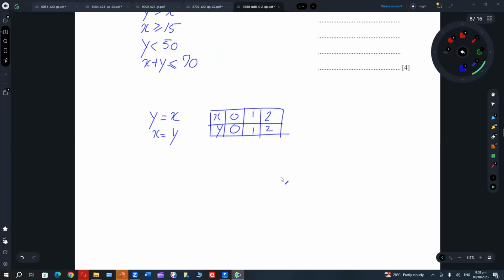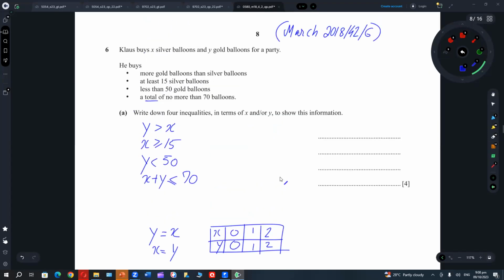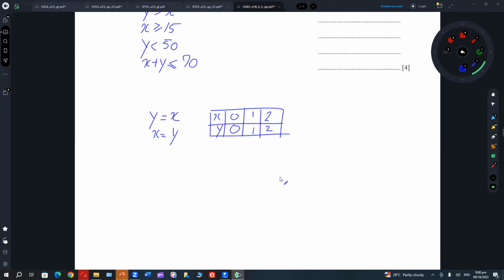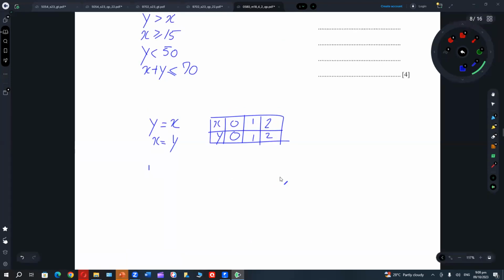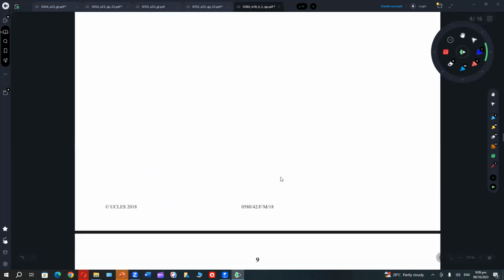We have to see the inequality sign. The second equation is X is equal to 15. How should I draw X is equal to 15?